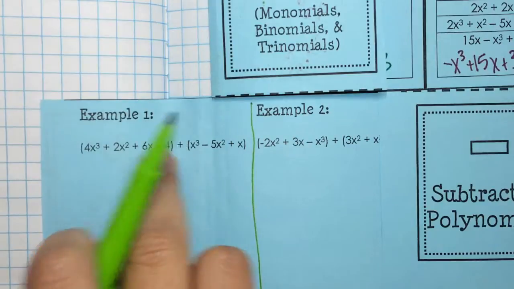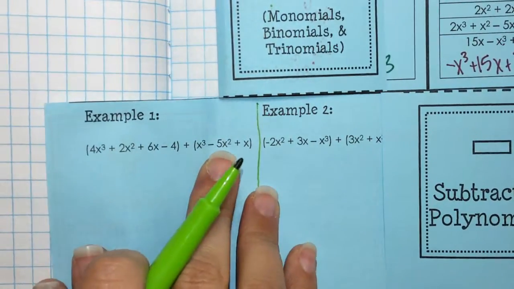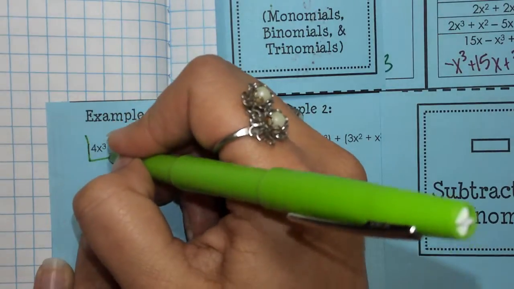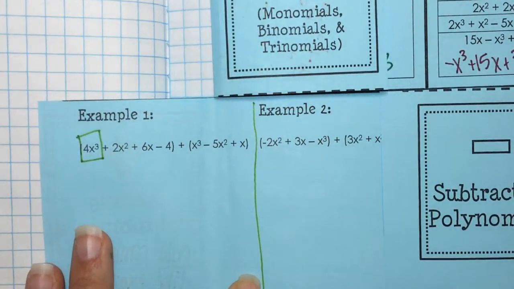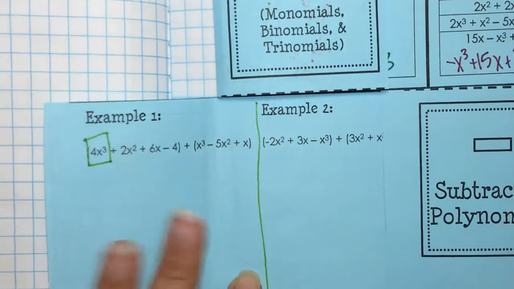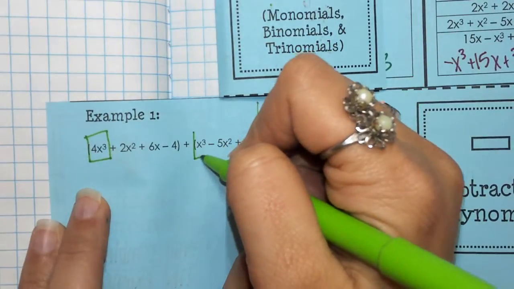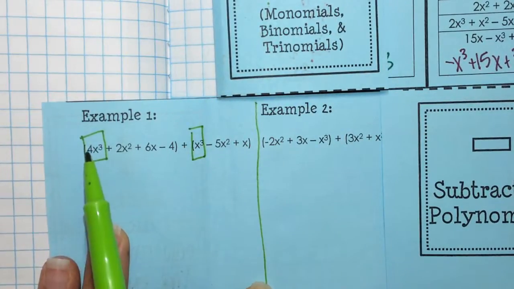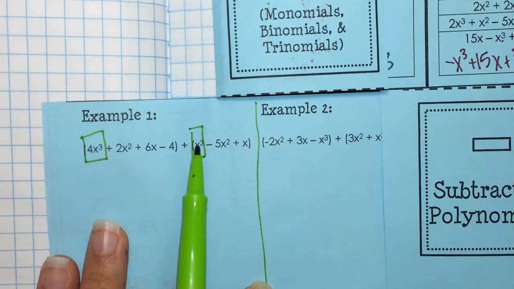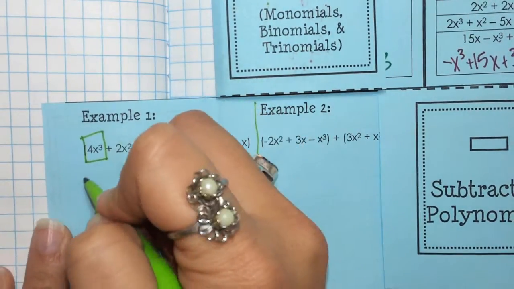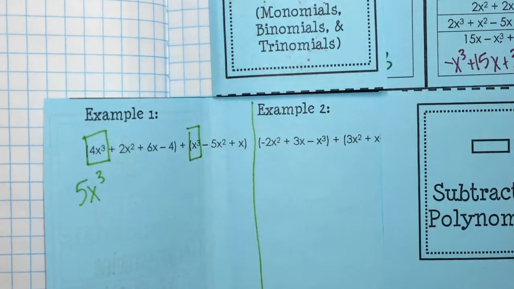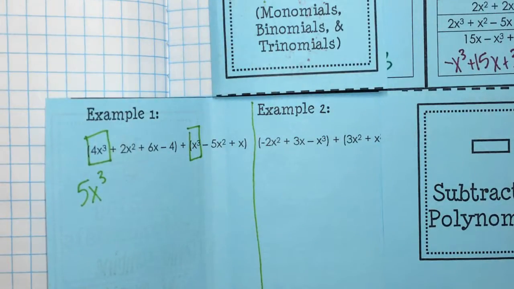So we're combining this polynomial and this trinomial together. You can only add up like exponents. So what matches up with 4x cubed? X cubed. These two match, and you follow the sign in between. So 4x cubed plus x cubed would be 5x cubed. You only combine the coefficients, not the exponents.